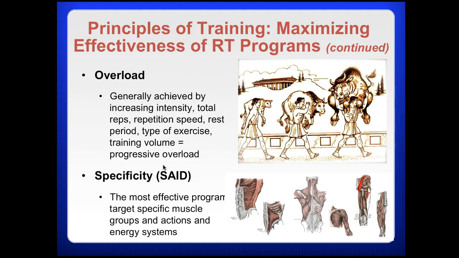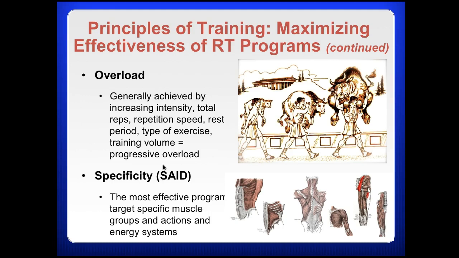So in order to do this, we can increase intensity, the total reps, the repetition speed, our rest period, the type of exercise, or our overall training volume. So for example, if you have a client that completes 10 reps with a 20-pound barbell curl, then you can easily increase the weight and reps or sets to increase their arm strength.